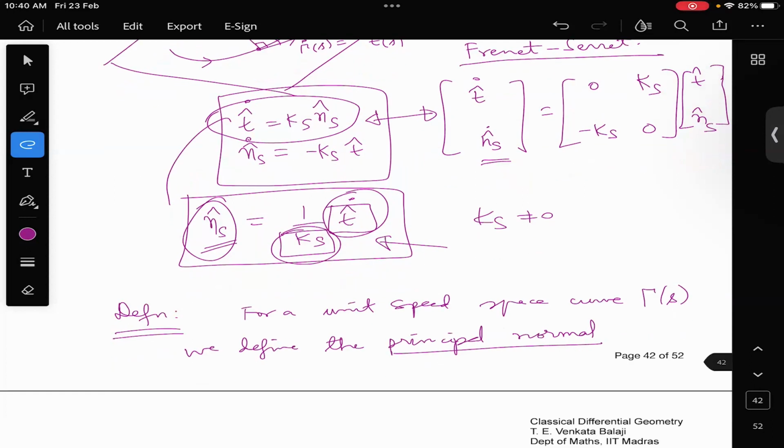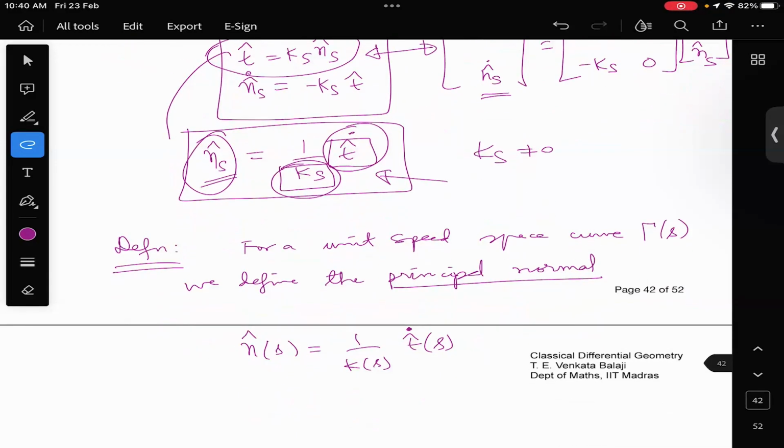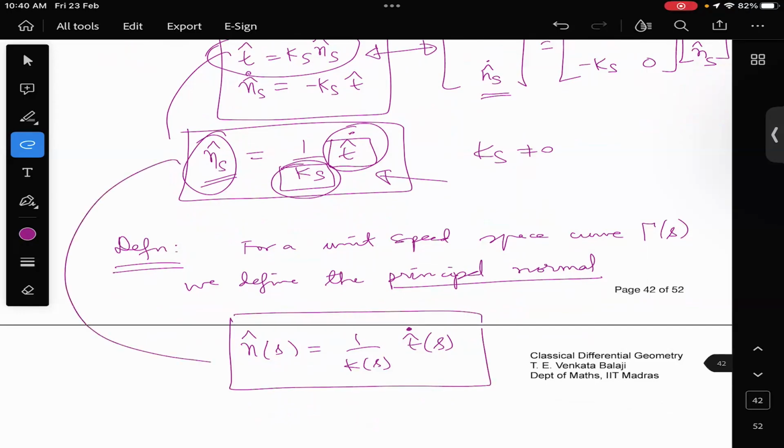Let me write it as n. So n hat of s will be 1 by k(s) t hat dot of s. Remember there is a dot on the t hat. This definition is motivated by the definition in the plane curve case.